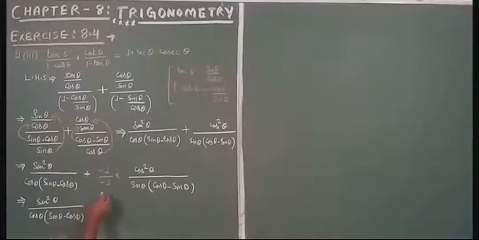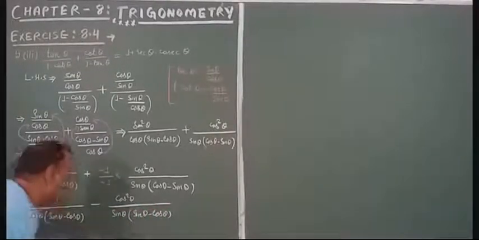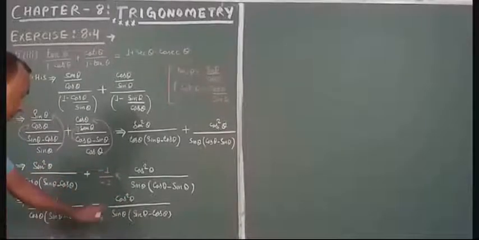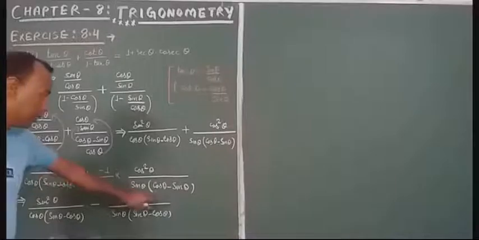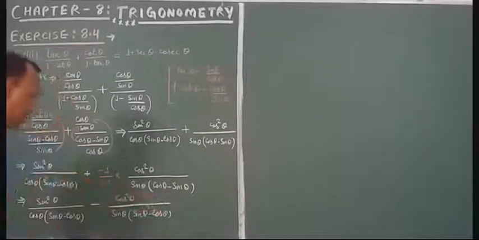Now this minus will multiply here, so this symbol will become minus, cos square theta upon sin theta, and this minus 1 when multiplied here will make it sin theta minus cos theta.